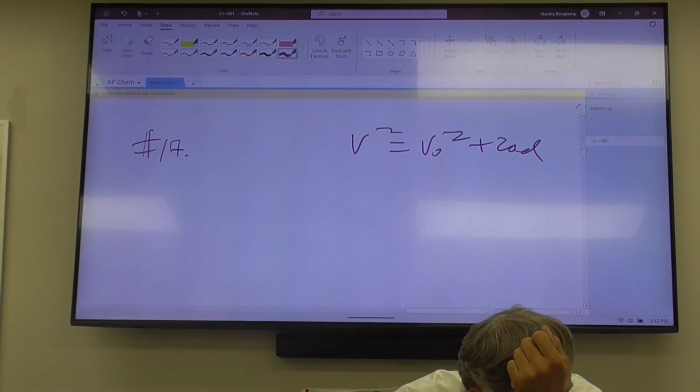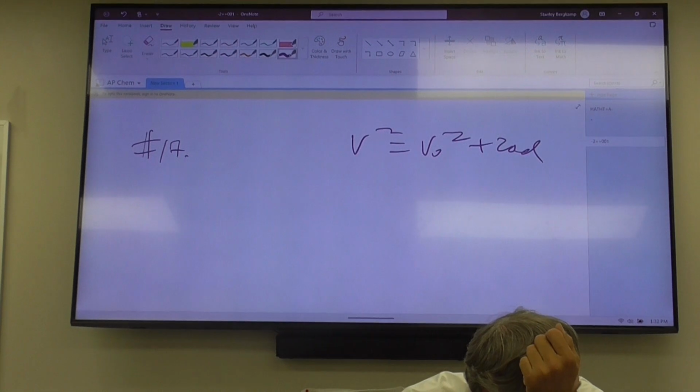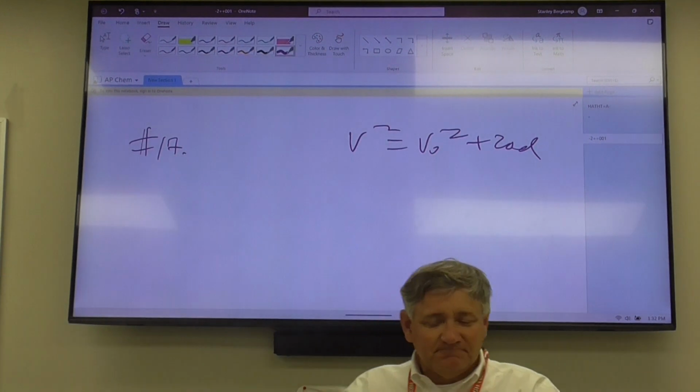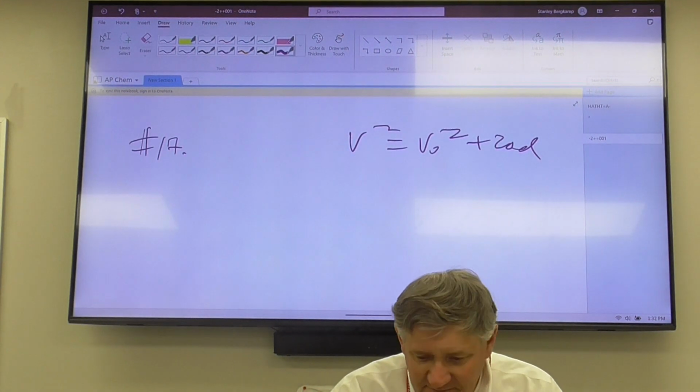Because it's squared, it doesn't make any difference which direction it goes. So there's your hint.